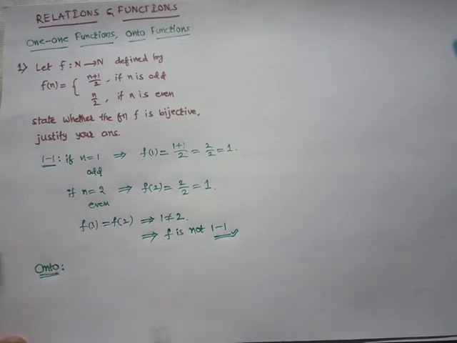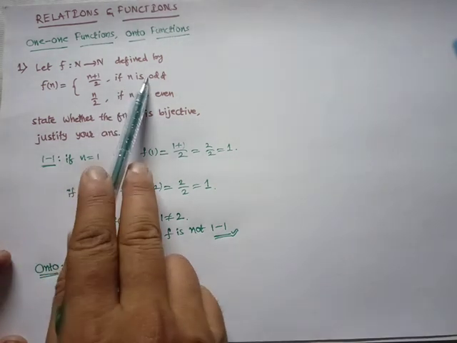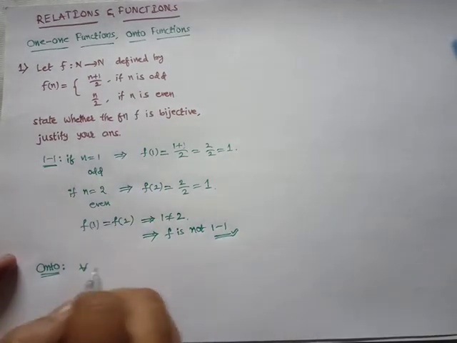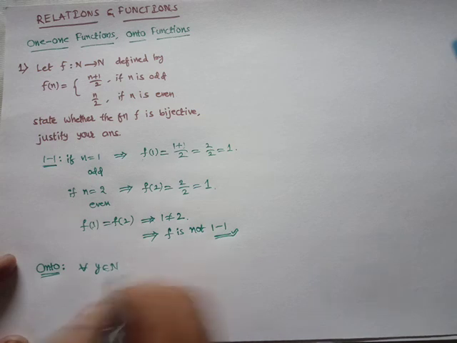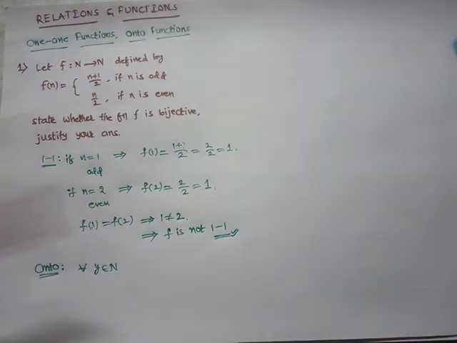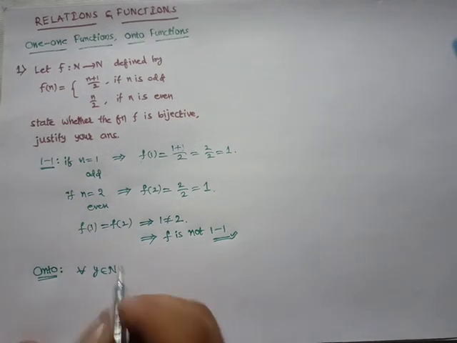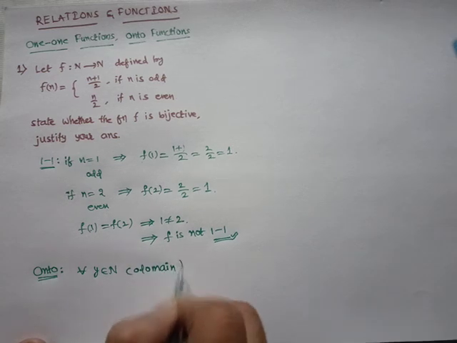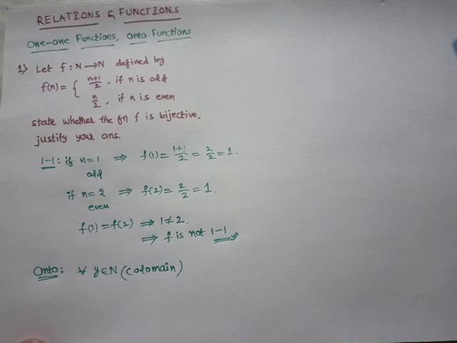Checking for the onto function, it is mentioned here that one case is odd and one is even. Then for all y belongs to natural numbers, this N is representing the second N, which is nothing but the codomain. For all y belongs to N, there should exist a value of x.